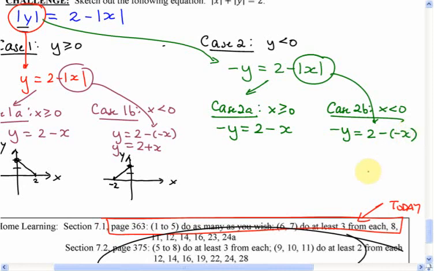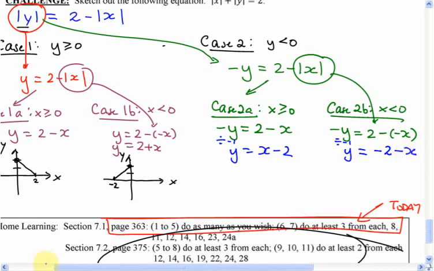And look at what we get as our equations. If I divide everything by -1 over here, and switch the signs, I get y equals x minus 2. And if I divide everything over here by -1, I get positive y, and this becomes -2, and this would become minus x.